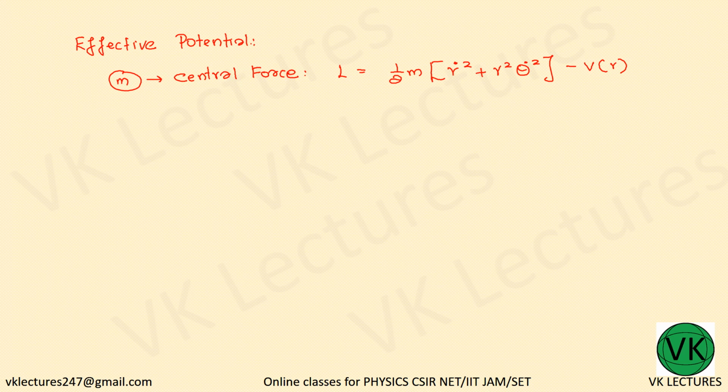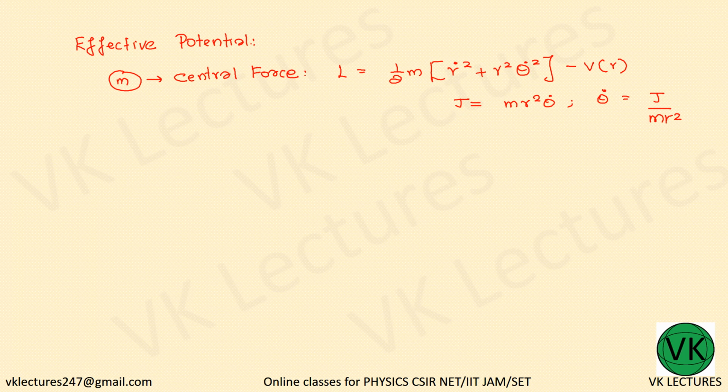Now we have the prerequisite knowledge on the total angular momentum, which is equal to m r squared theta dot, and theta dot is equal to J divided by m r squared.